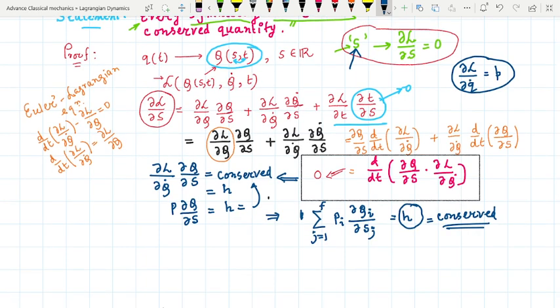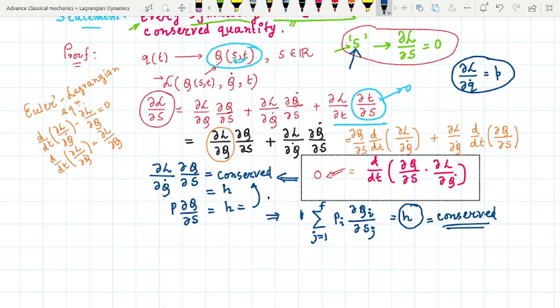Likewise, we have already considered that if the Lagrangian is independent of time, which is also a physical quantity, then the total energy corresponding to the system remains conserved. So the Lagrangian is symmetric with respect to time, and this gives the conserved quantity, that is energy. Likewise, if we consider the space symmetry, then this gives the conservation of total linear momentum.